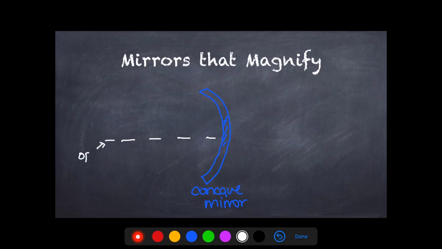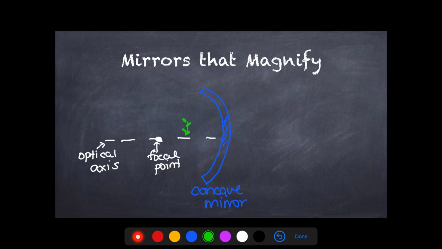So this is my optical axis. I have my focal point right here. Now say that I have an object right here. So say that I have this little plant.